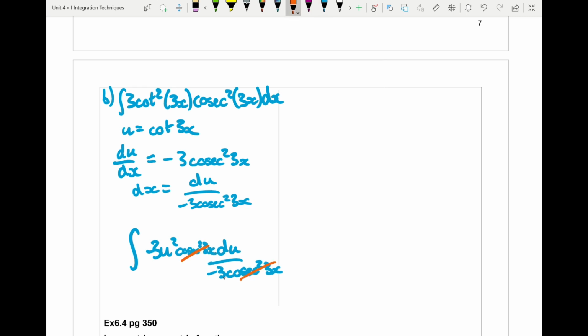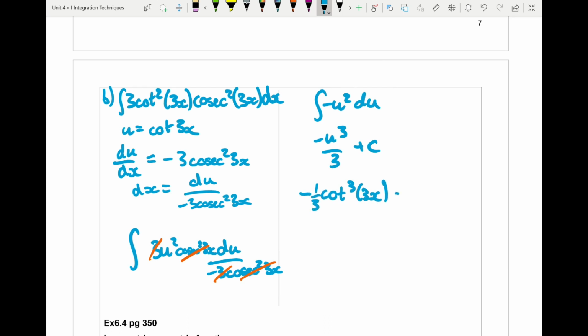We get that 3 cancels out. That shouldn't have been a negative. So what we're left with, really nice and neat, u squared du times -1. So negative u squared du, which is of course just negative u cubed on 3 plus c. So all this becomes is negative cotan cubed of 3x times a third plus c.